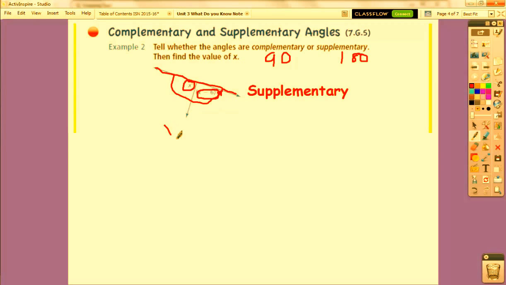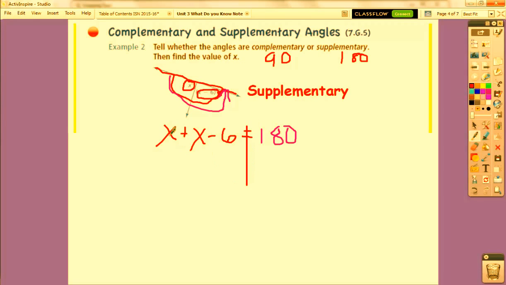So I'm going to make an equation that says x, that was the first angle, plus the other angle, x minus 6. When I add those two angles together, remember they form this 180 degree straight line. So that equals 180.